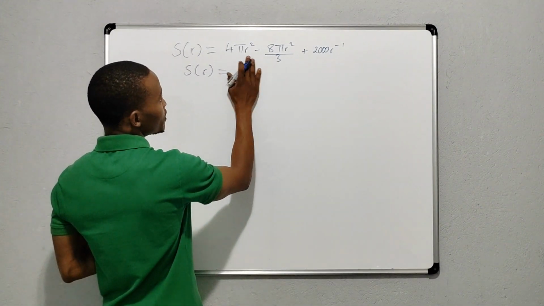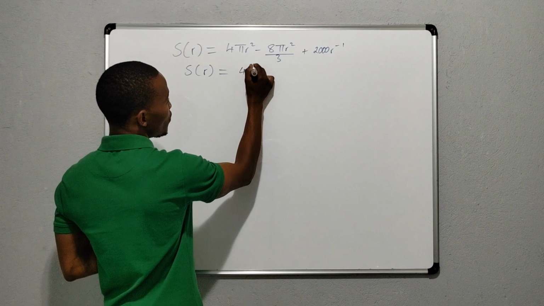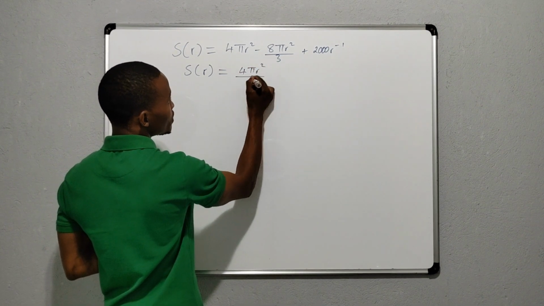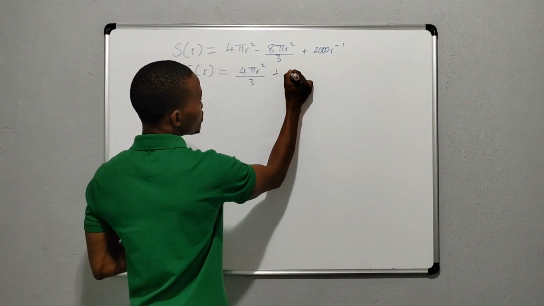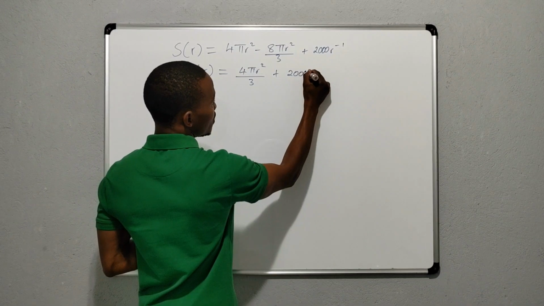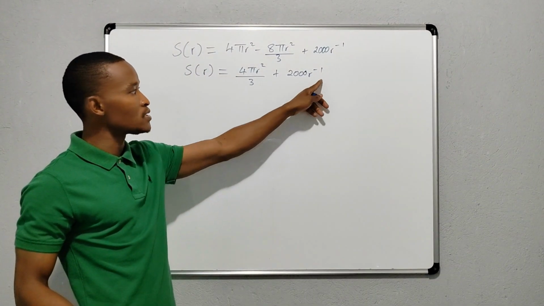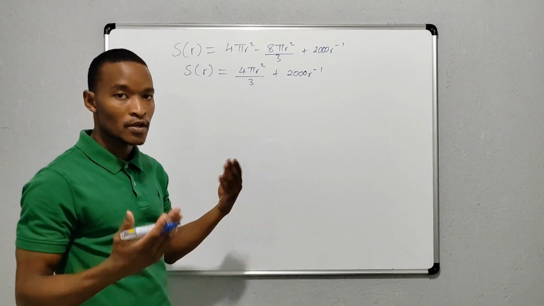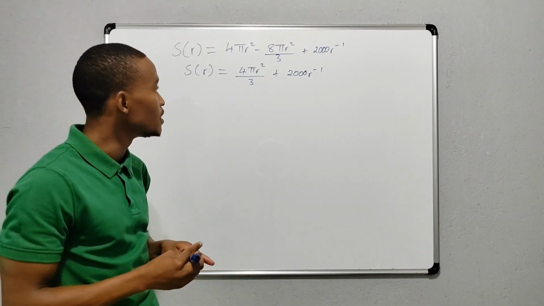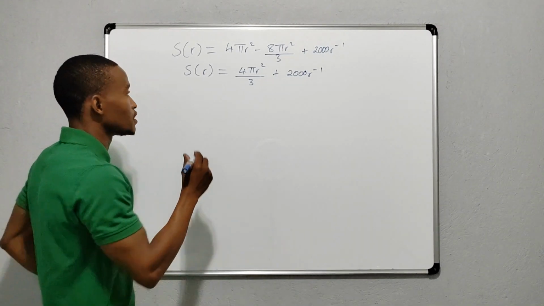When you do that, you're going to have 12 minus 8 giving you 4 pi r squared over 3 plus 2000 r to the power negative 1. So we've prepared the function. It is in power form, and therefore we can start differentiating. It is indeed ready for differentiation.